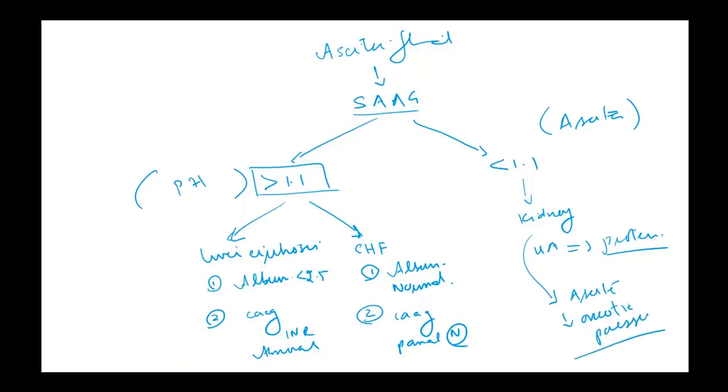So kidney is the most common cause you will see. So this is how you can quickly differentiate and find out the cause of ascites based on SAG.